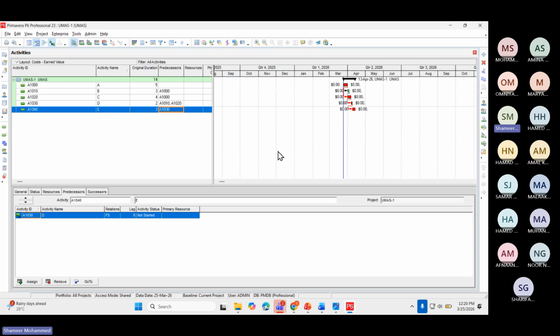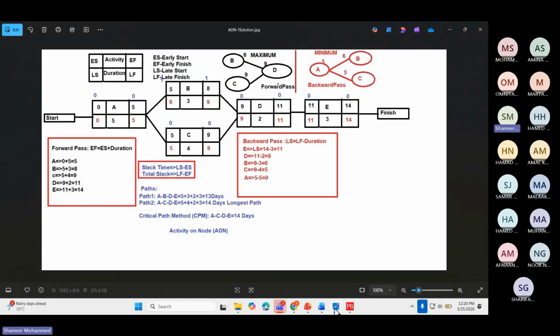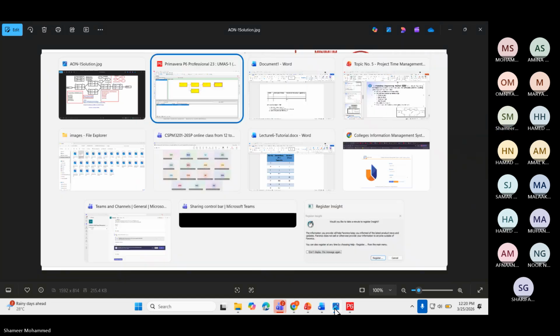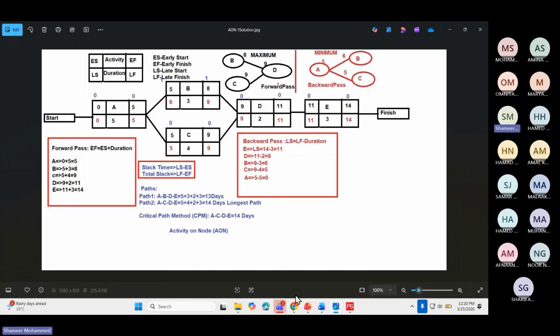Now you want to see the network diagram. You can see the network diagram like this here. Now, what is the critical path here?